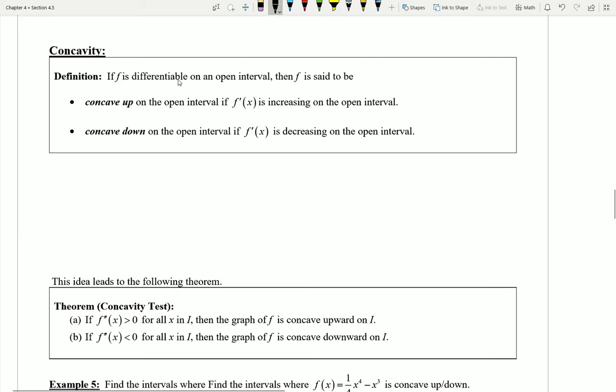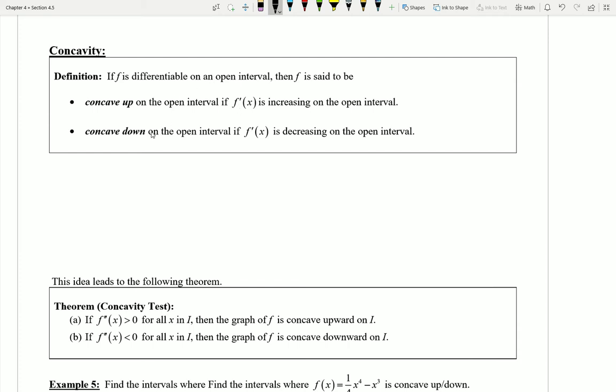If f is differentiable on an open interval, then f is said to be concave up on an interval if my derivative, that is my f prime of x, that is the slope of my tangent line, is increasing on an open interval. Okay, that's kind of weird.